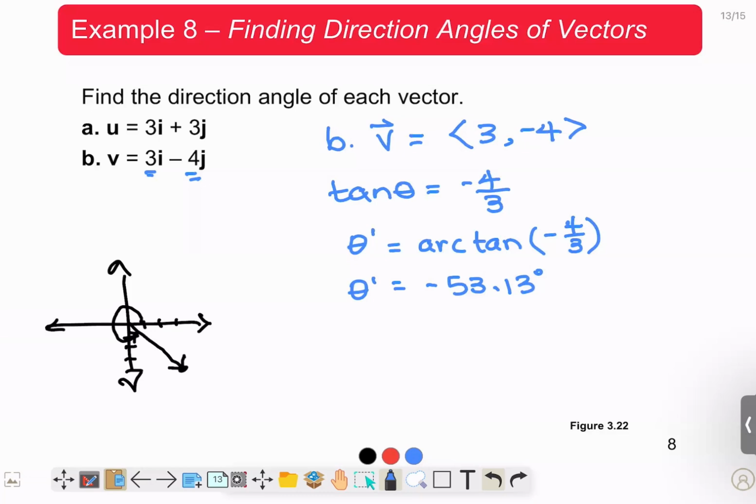So I just need to find the angle that's coterminal to negative 53.13, but that's positive in the fourth quadrant. So I'm just going to add 360 to it.